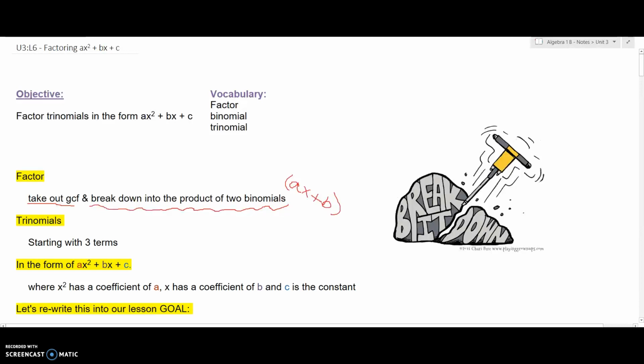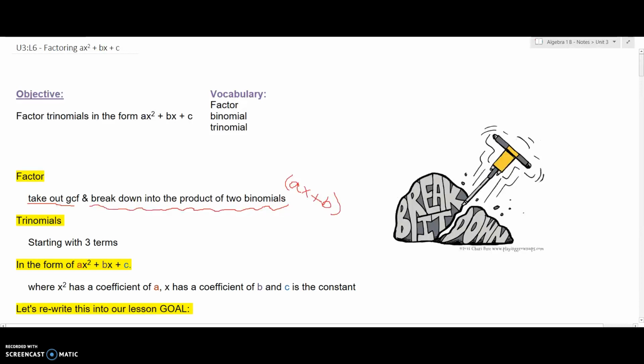So factor trinomials means we're starting with three terms, and our trinomials are in the form of ax squared plus bx plus c. This means that our x squared variable has a coefficient of a, our x variable has a coefficient of b, and c is our constant.